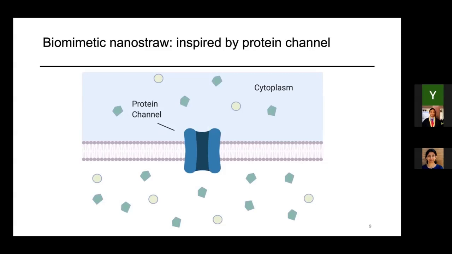They're small enough to avoid cell toxicity. We were thinking about whether it's possible to build an artificial channel, like a hollow nano tunnel or a nano needle, to mimic the protein channels, so that we can directly manipulate and monitor gene expression in living cells.